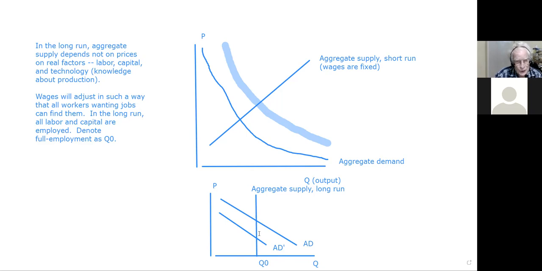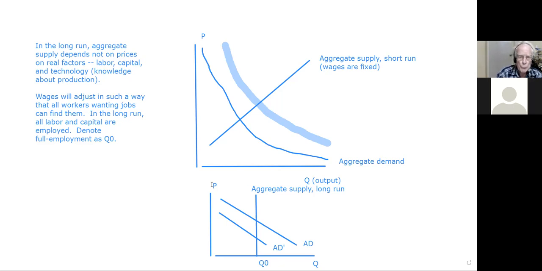In the long run, the shift in aggregate demand affects prices, but not output. We are still producing at the full level of employment, but at a lower price level than before. Because the fall in demand has, in the short run, led to layoffs.